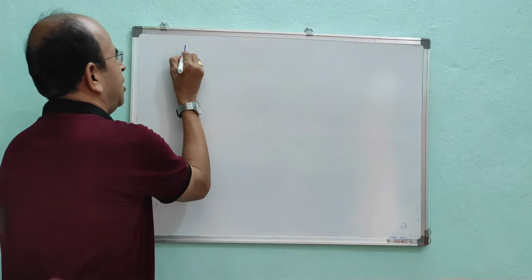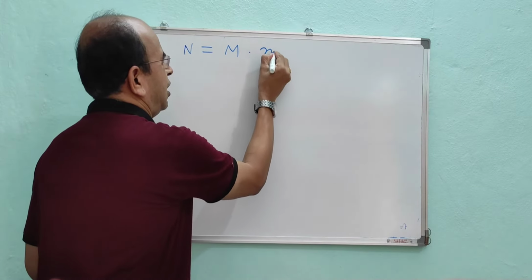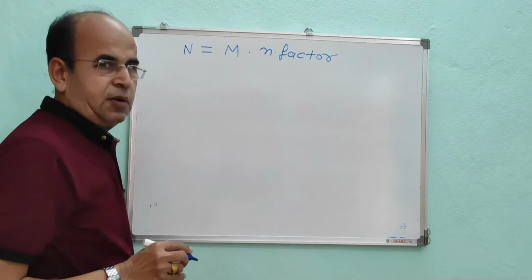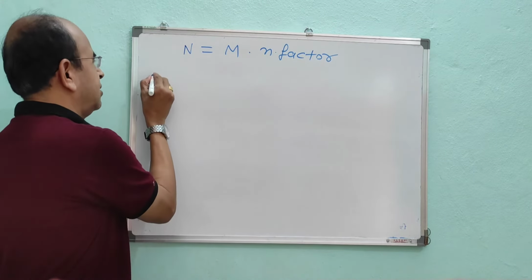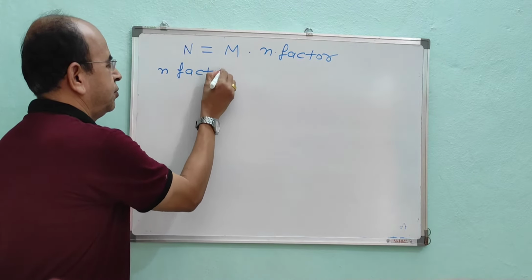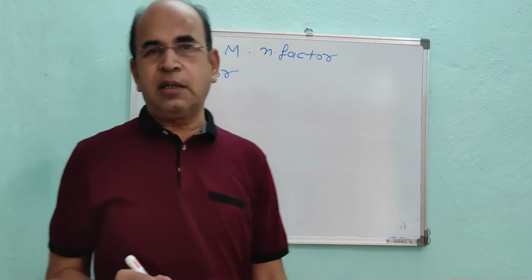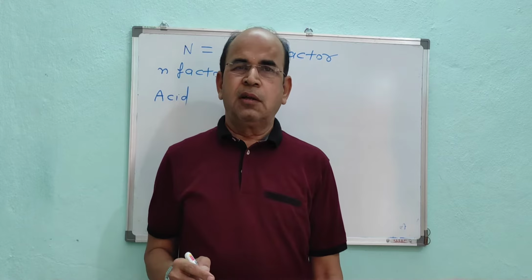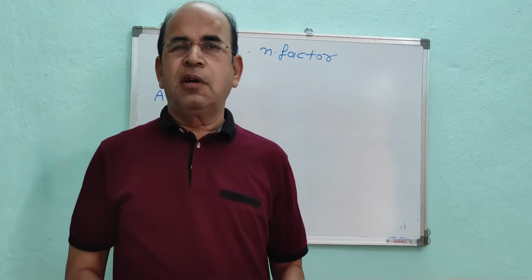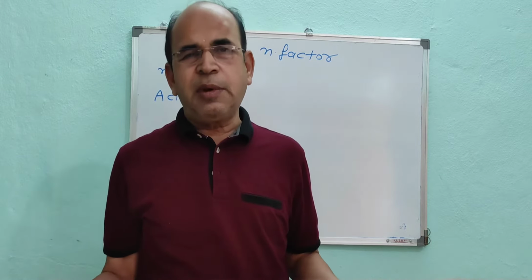Just now we have seen that normality is equal to molarity into N factor. Now for acid, what is the N factor? You know when acid is dissolved in water, it produces hydrogen ions. So the number of hydrogen ions produced by the acid is called the N factor.